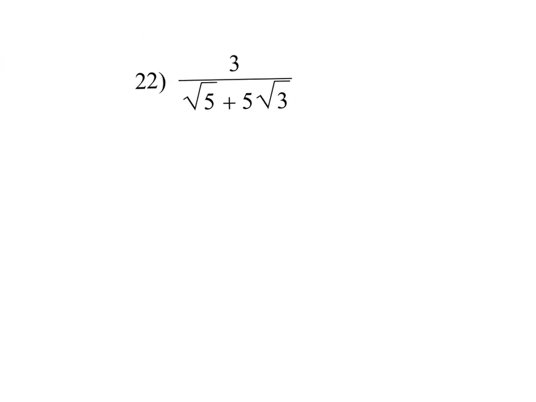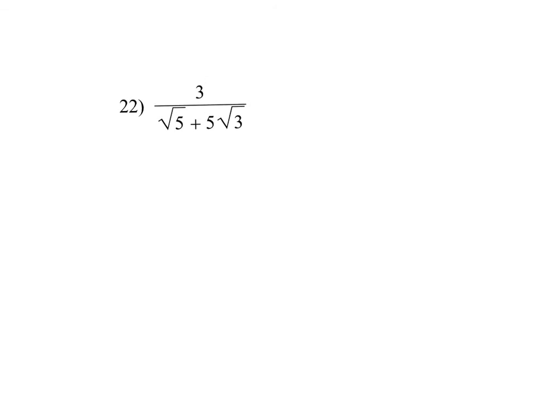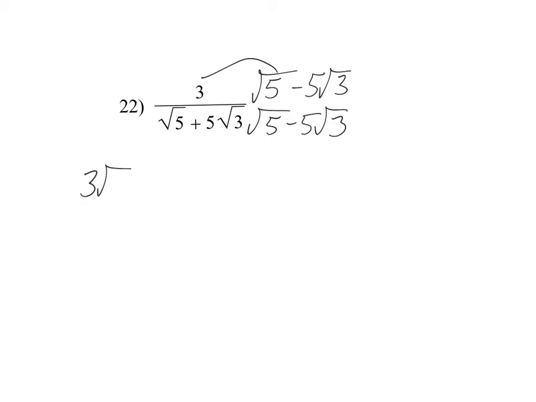For the next one, we're going to multiply the top and the bottom by the opposite. So radical 5 minus 5 radical 3, radical 5 minus 5 radical 3. Okay, so 3 times radical 5, that's 3 radical 5. 3 times negative 5 radical 3, that's negative 15 radical 3.